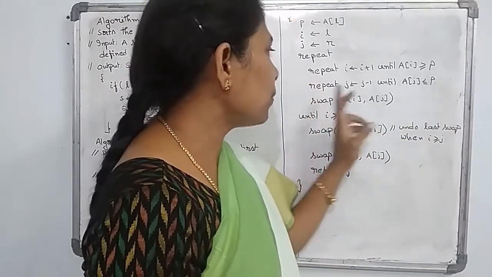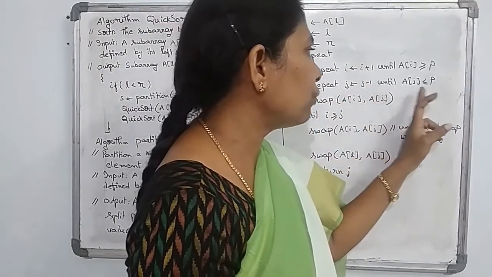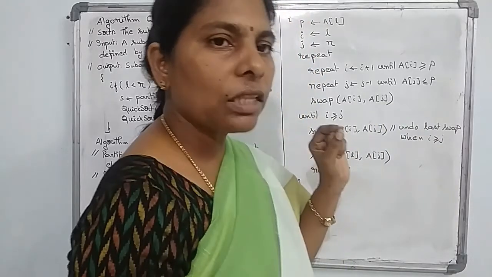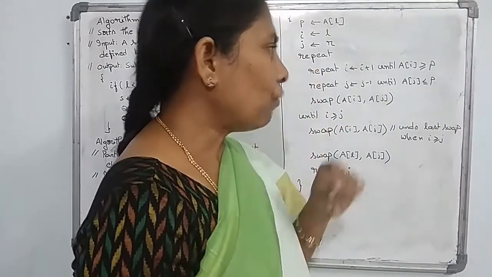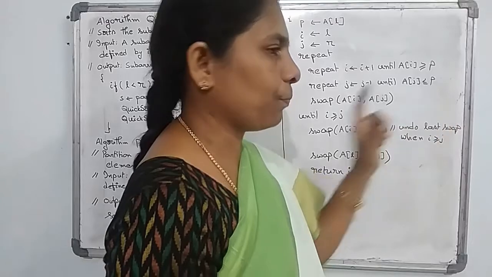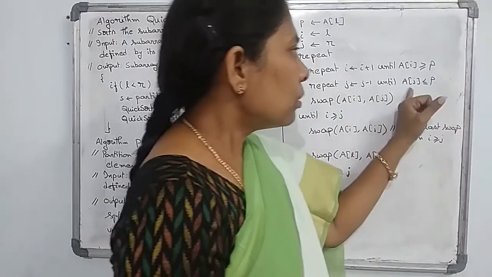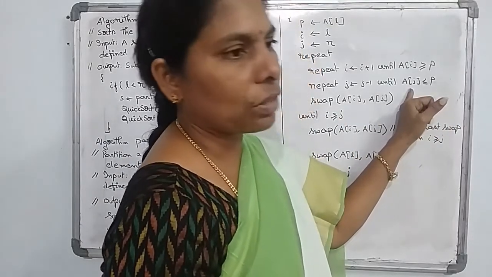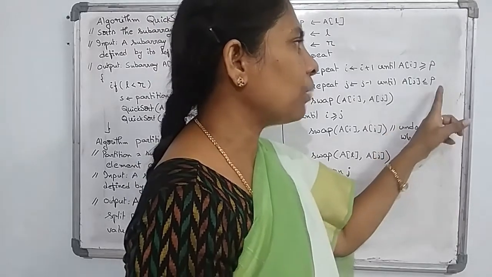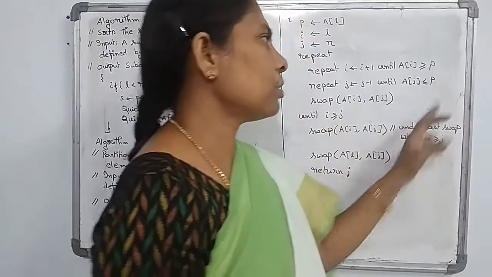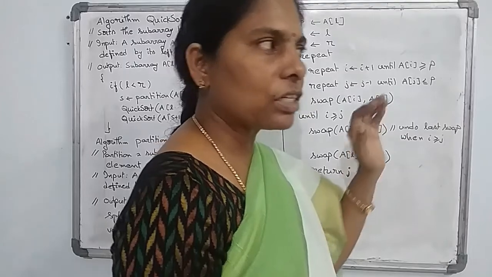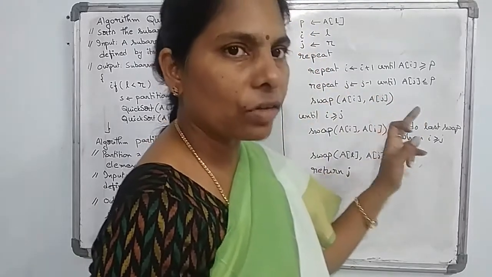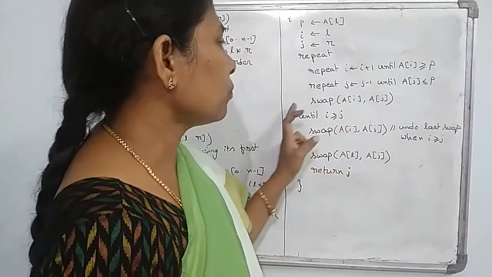Next, repeat j = j - 1 until A[j] is less than or equal to P. In that way you identify the element smaller than P. You do the same process: take the element and compare it with P. If it is smaller, you stop; otherwise you skip that element until you find the smaller element.